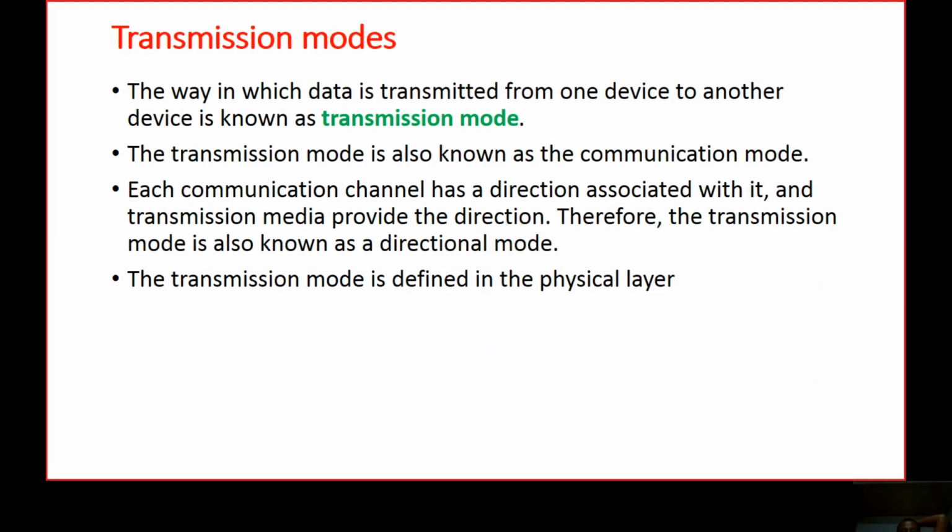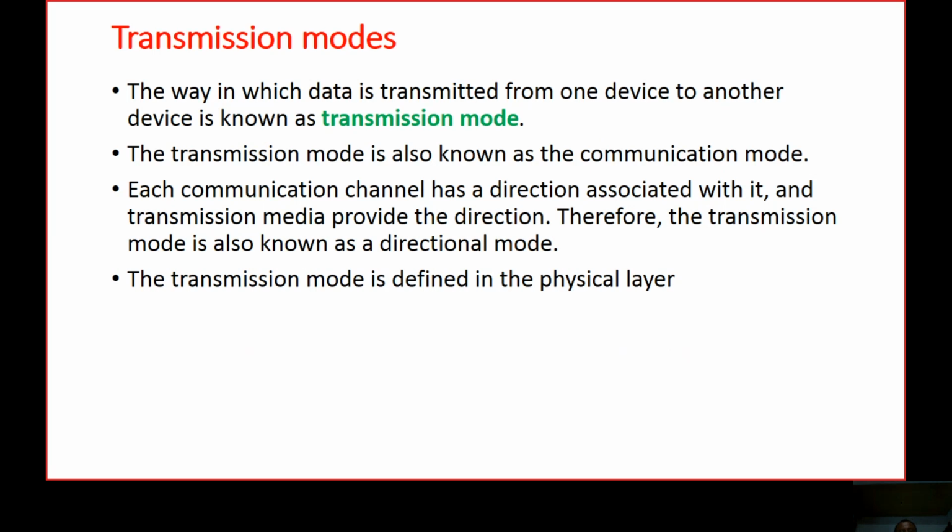Also, let us look at the transmission modes. The way in which data is transmitted from one device to another device is known as transmission mode. The transmission mode is also known as the communication mode. Each communication channel has a direction associated with it, and transmission media provide a direction.